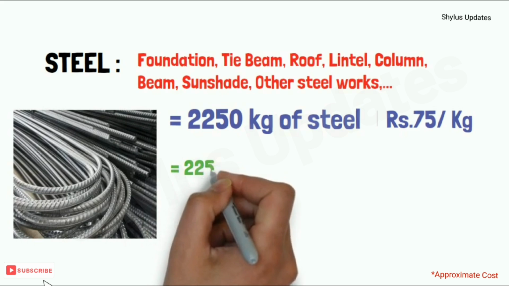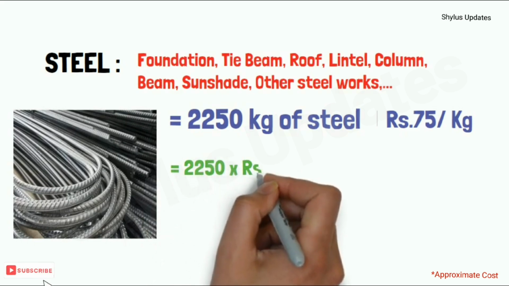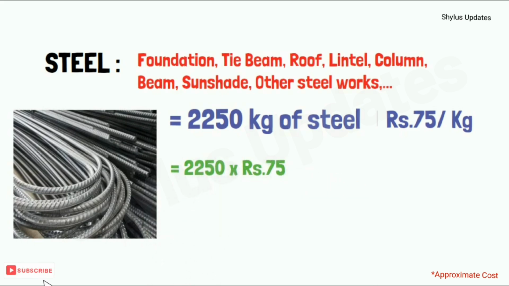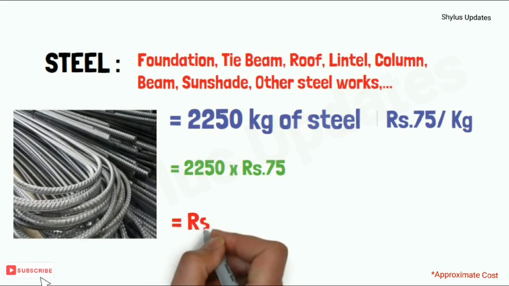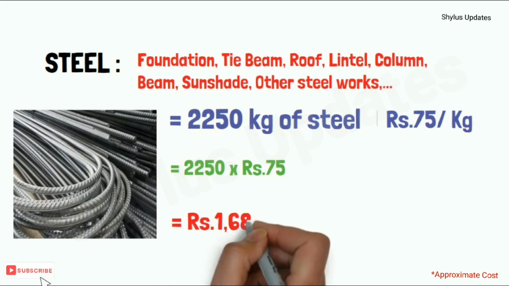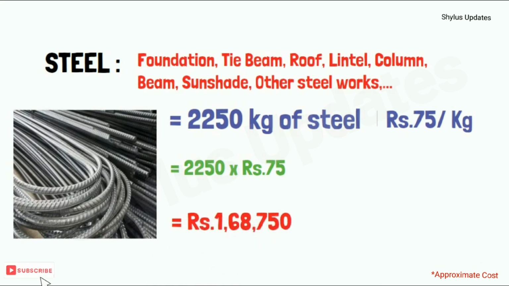When you multiply 2250 kg into rupees 75, you get rupees 1,68,750. Bricks.